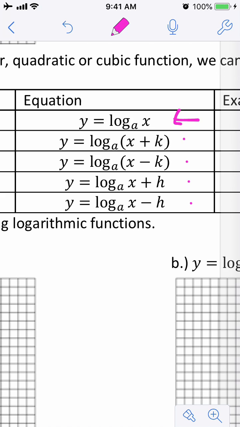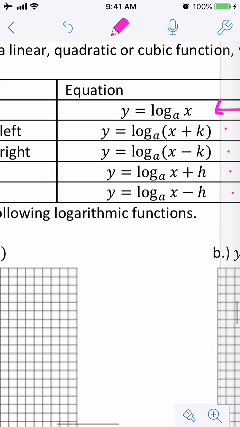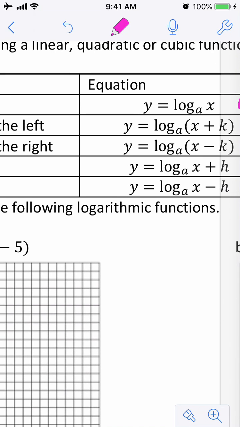Now you've got to be careful with that one, because you would think the left side's negative, so if I subtract, I'm going to go to the left, but that's not true. If you add it, it pushes all the numbers back. I know that sounds really weird, but that's exactly what it does. It pushes everything back as opposed to pulling it to the left. So plus is left, minus is right.